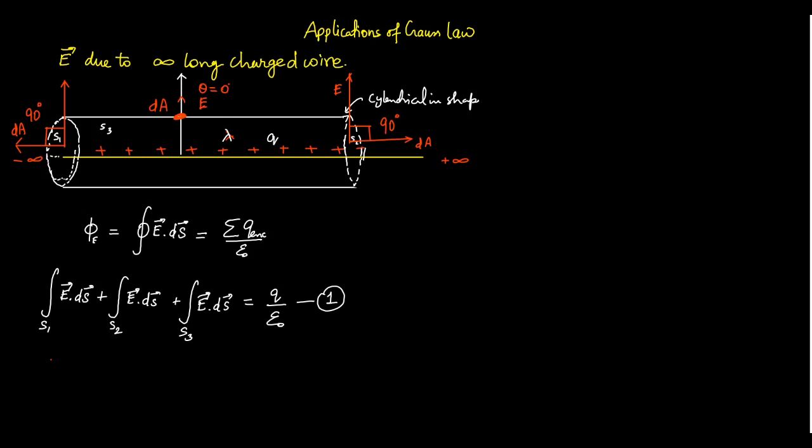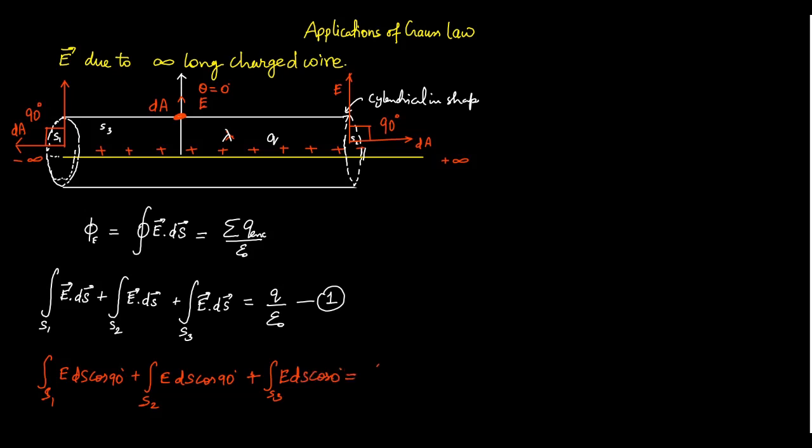So here we are going to write the values. For S1, we will write E ds cos 90. For S2, E ds cos 90. And for S3, it is E ds cos 0.